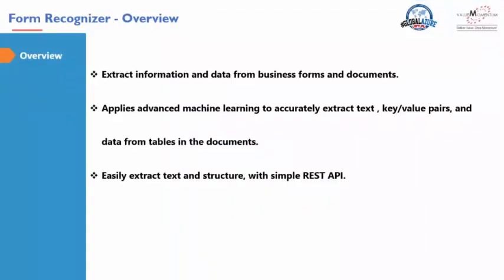Form Recognizer extracts information and data from the business documents and forms. The service applies advanced machine learning to accurately extract text, key value pairs, and data from tables and documents. Let me elaborate on this point.